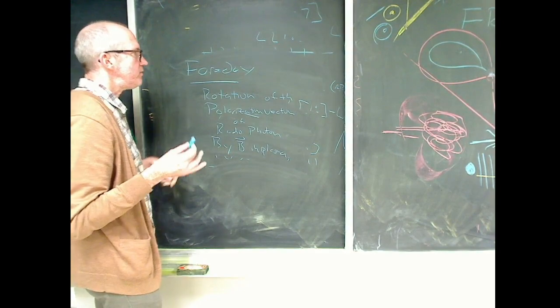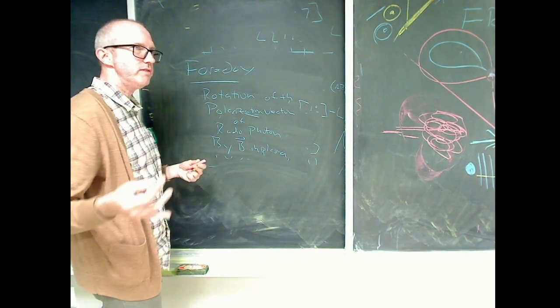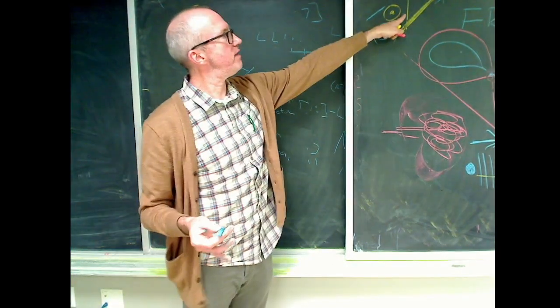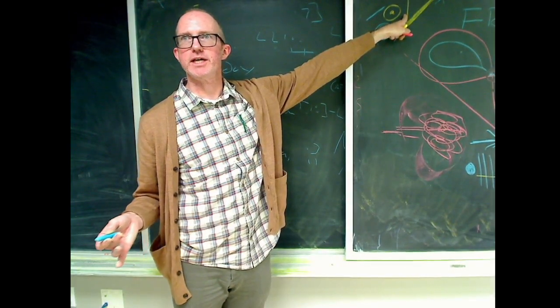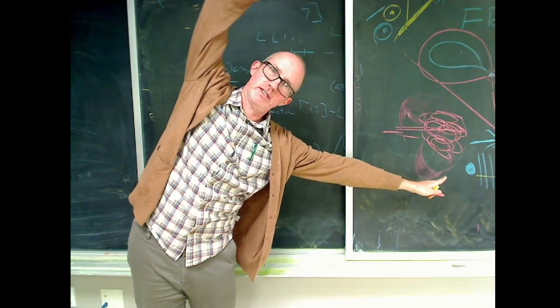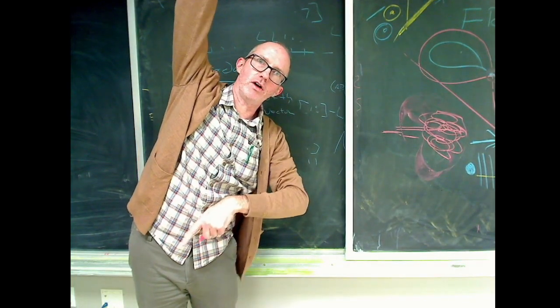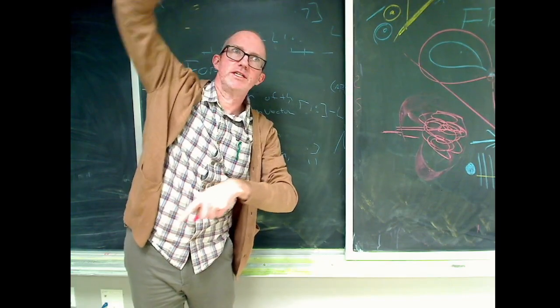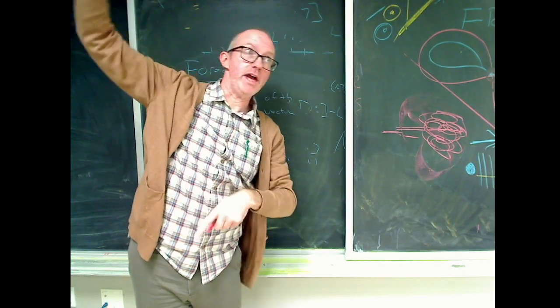Now, one of the cool things about Faraday rotation is it's proportional to the wavelength. If the wavelength is bigger, then it has more time to accelerate the electron, so the shift is going to be larger. Does that make sense? Longer photon, more acceleration up and down, more acceleration left and right because of that same magnetic field.